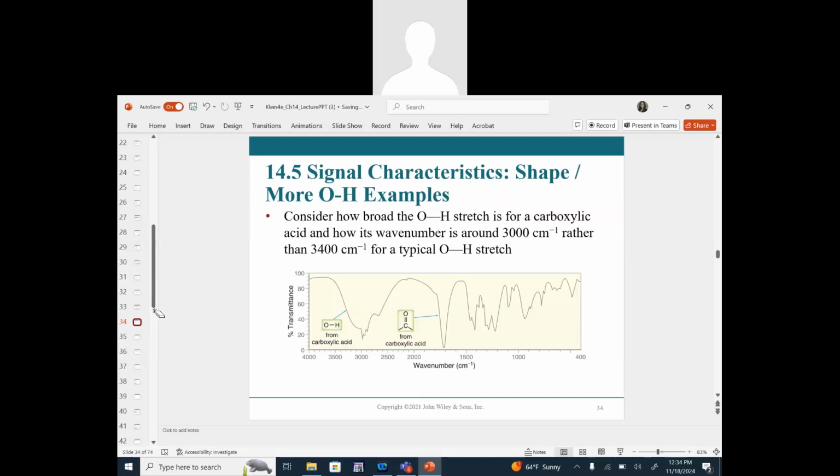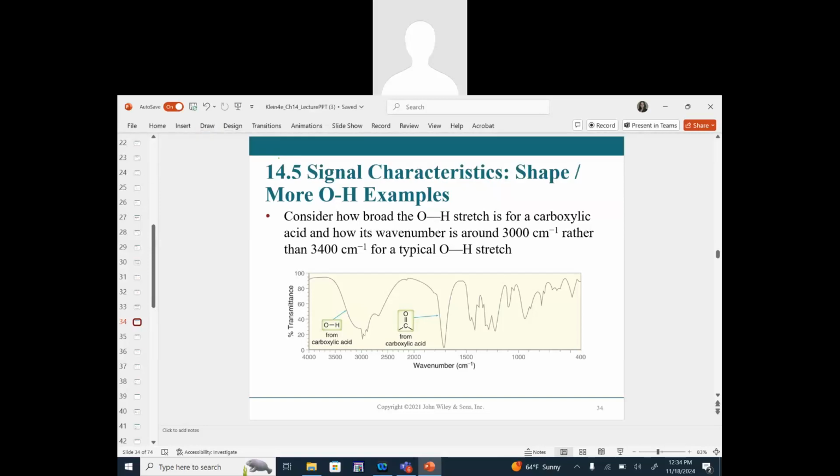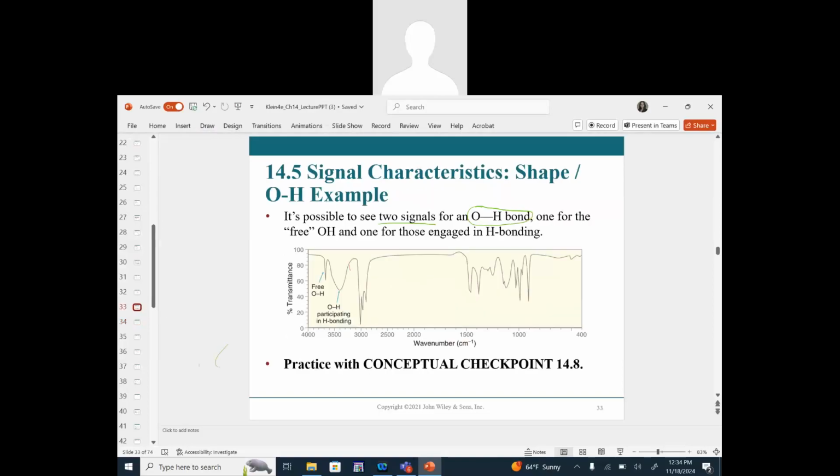So an OH stretch can look different when it's a different functional group. Let's go back real quick. We saw this range here for our alcohols, right? Up to about 3,600, and we start right about here, around 3,200.